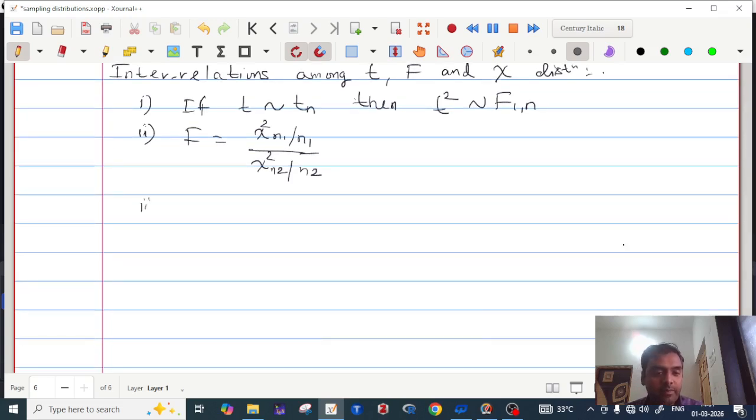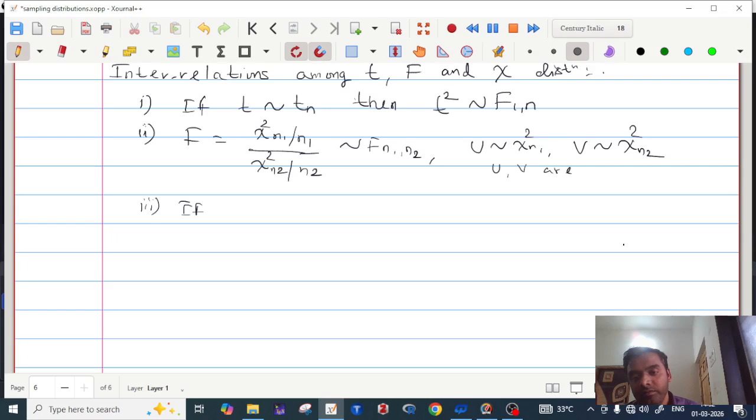Third one: take U as chi-square with n1 and V as chi-square with n2, where U and V are independent.